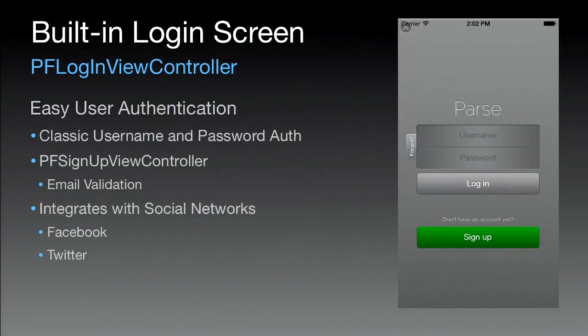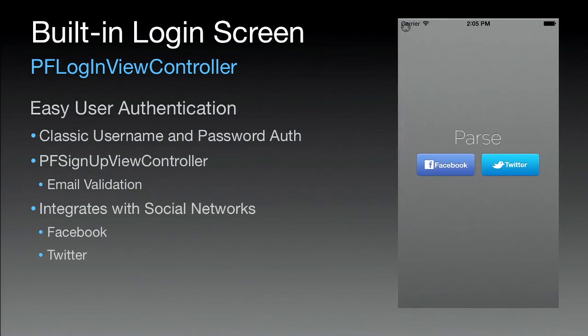It will let you show a username and password login screen. It has a brother called PFSignUpViewController. You can use this to let your users sign up for a new account. And they are highly customizable. They can use the Facebook and Twitter login options pretty easily if you prefer that method.